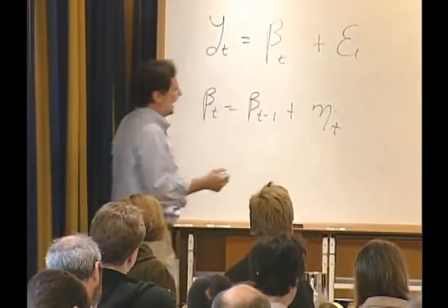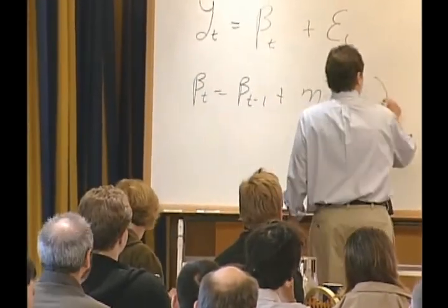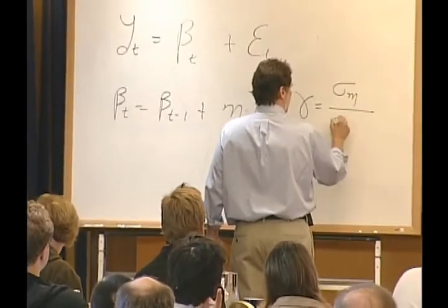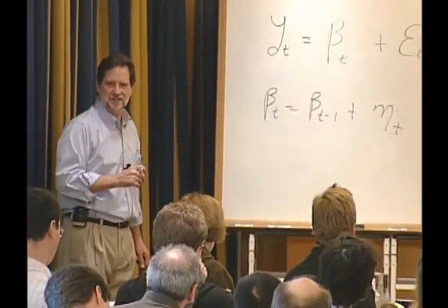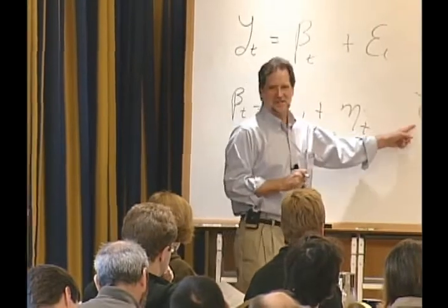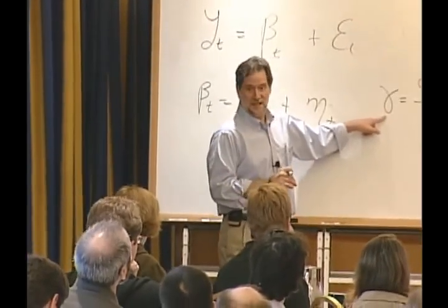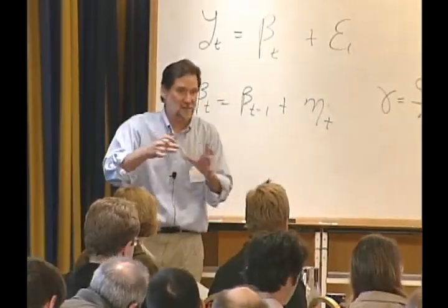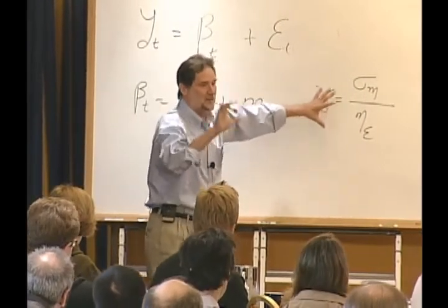Okay, and I want to estimate, let me call the parameter I want to estimate gamma, and that's going to be sigma eta over sigma epsilon. This is some notation I used yesterday actually in the same setting. Okay? So if gamma is small, the maximum likelihood estimator is gamma is 0, sigma eta is 0. So if gamma is small, we've got this pileup problem. So we'll often estimate by maximum likelihood gamma to be exactly equal to 0.